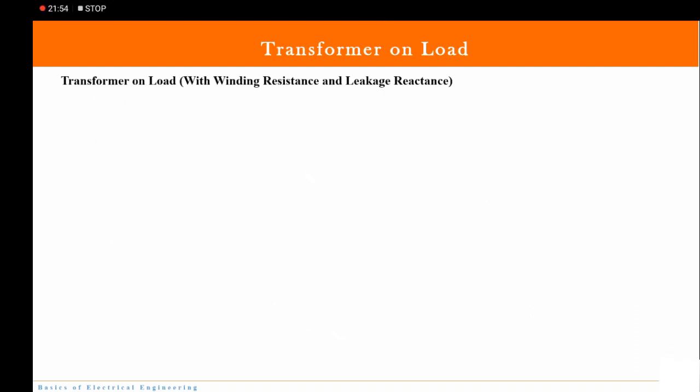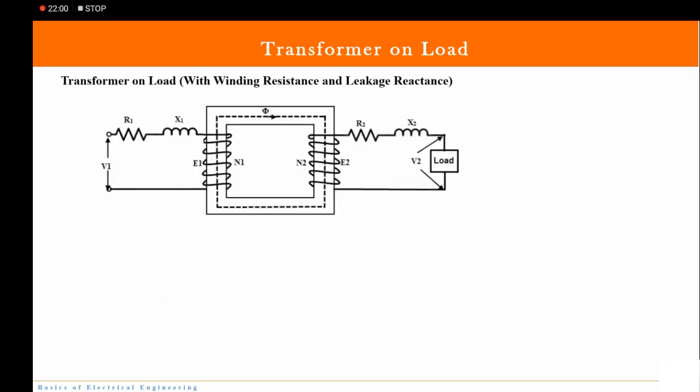Now let us take the winding resistance and the leakage reactance and then draw the phasor diagram. Here we have considered everything. Everything remains the same, don't worry about it.